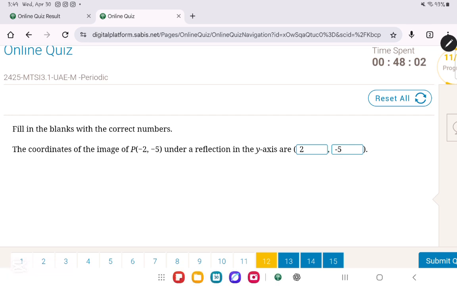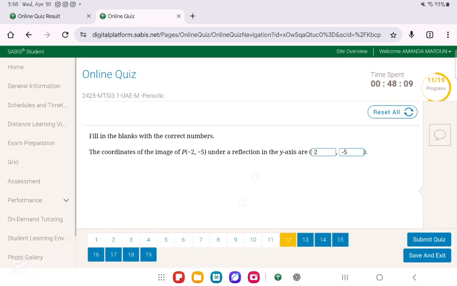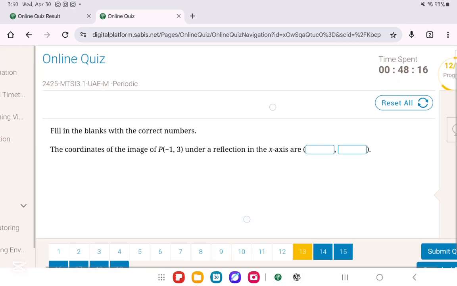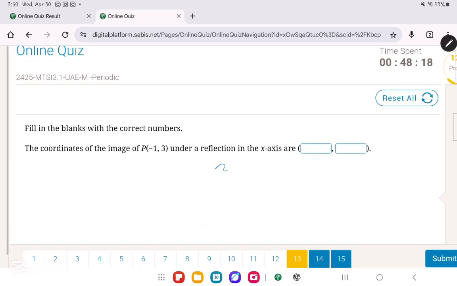When it's reflection about the y-axis, only the x changes its sign. However, when it's a reflection about the x-axis, only the y changes its sign. If it's a reflection about the origin, then both of the numbers change their sign. So the coordinates of the image of this under a reflection in the x-axis, as we said, only the y is going to change its sign. So it will become minus 1, minus 3.